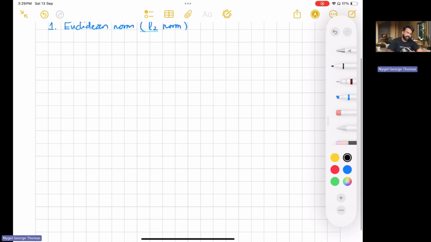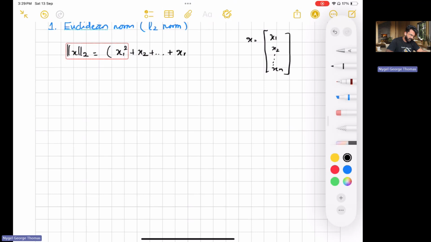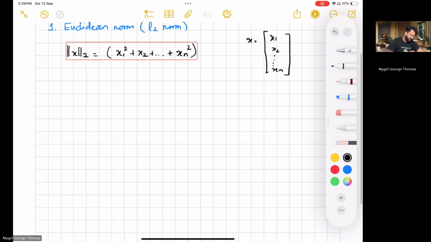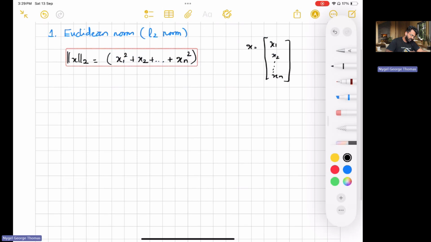The L2 norm of a vector x having n components is given by: you take x1 squared plus x2 squared plus etc. plus xn squared, the square of all the individual components, and take the square root of this. This is the L2 norm.